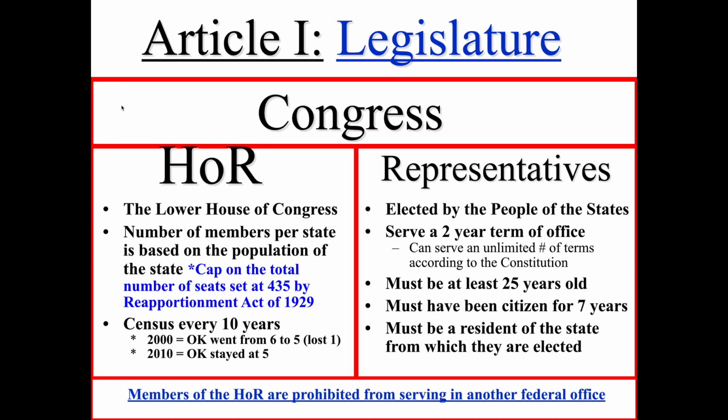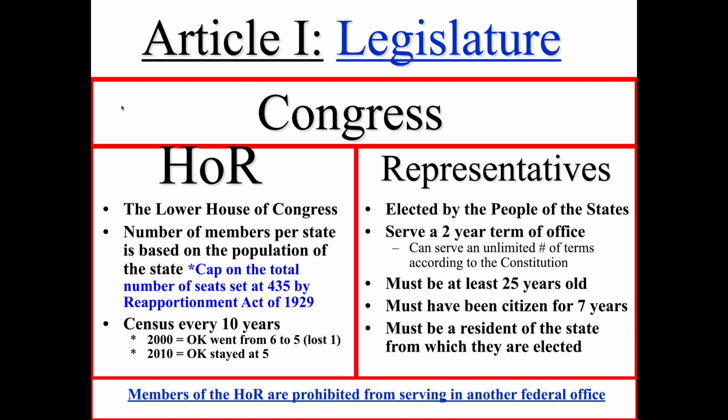The House of Representatives are elected by the people of that state, and they are elected actually by the people that live in that congressional district. They serve a 2-year term, and they can serve an unlimited number of terms according to the Constitution. There are no term limits for the House or for the Senate.